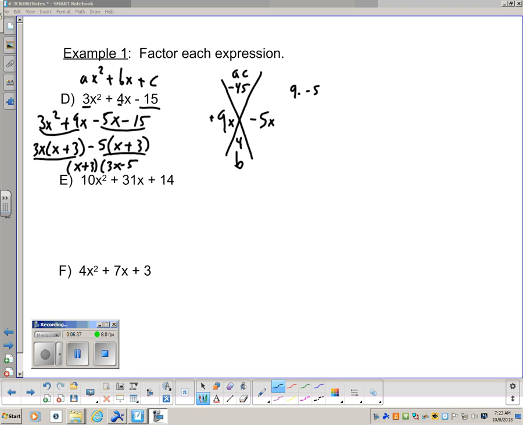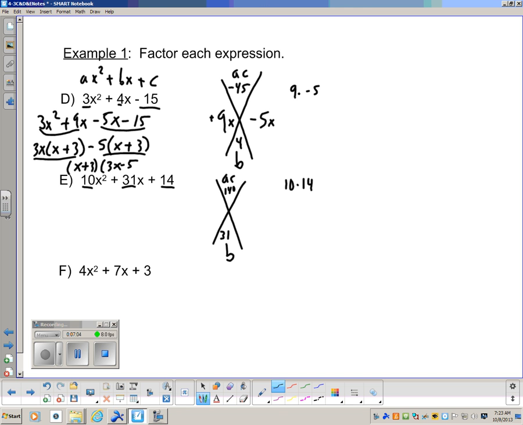So continuing on here, we've got an AC and a B. AC here ends up being 140, and my B here ends up being 31. So multiply to give me 140 and add to give me 31. Well, 10 times 14 will give me 140, but that does not add to give me 31.